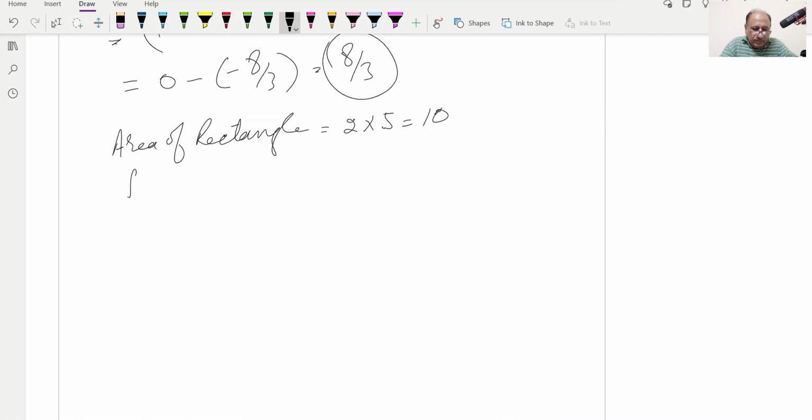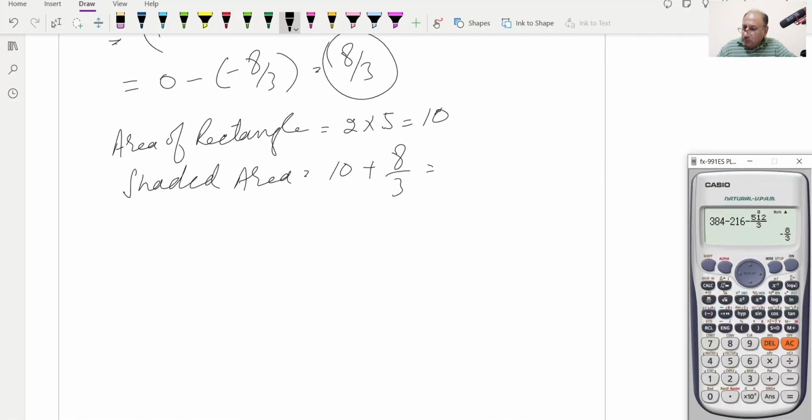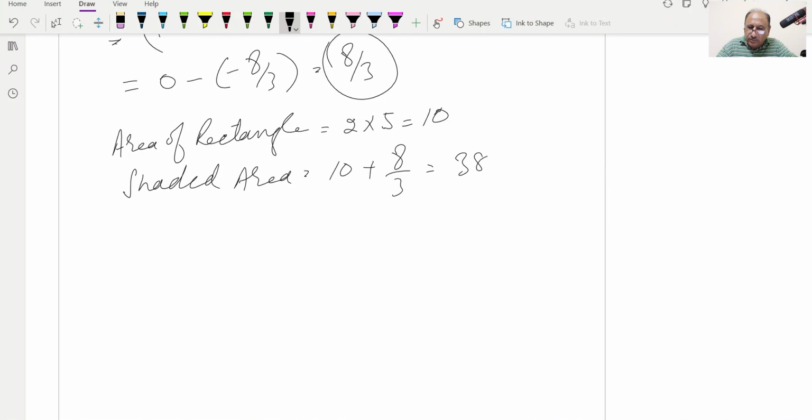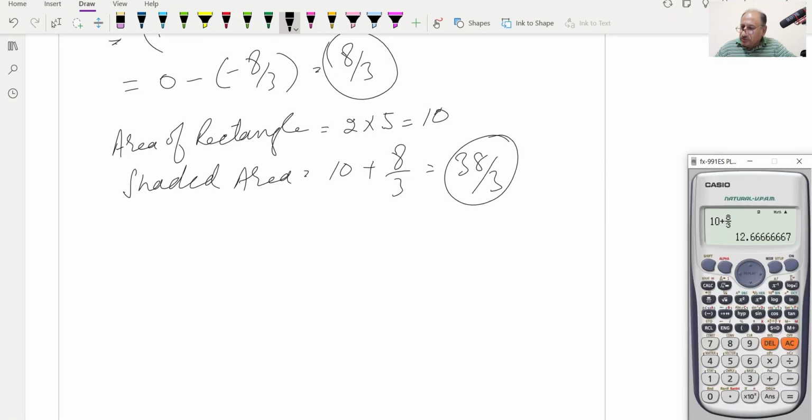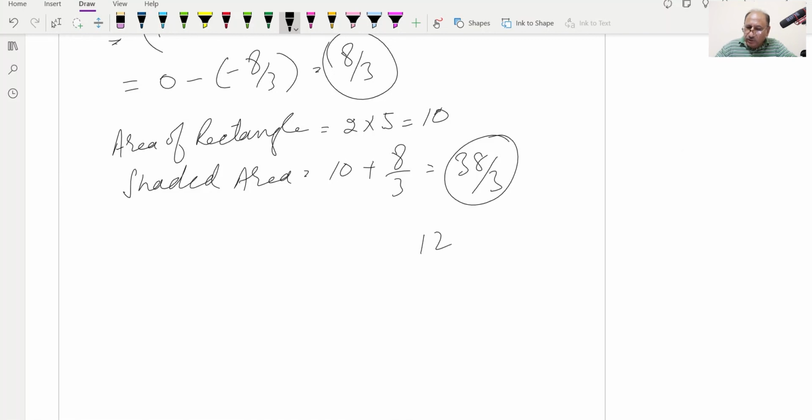The shaded area will be equal to 10 plus 8 by 3, which will result in 38 over 3. You can provide this as the answer, or we can take the decimal value, which is 12.667.